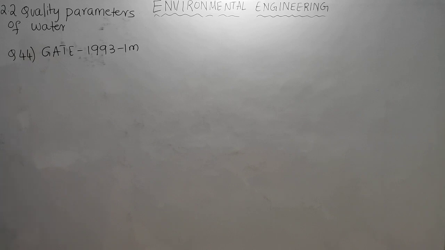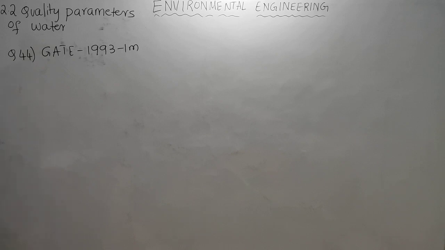They are not pathogenic. Option B is their presence indicates viral contamination of water. Option C is they are used as indicator organisms for probable presence of pathogens. And option D, they represent unique indicator organism for sewage pollution. So option B and D are not relevant. Option C is more relevant.